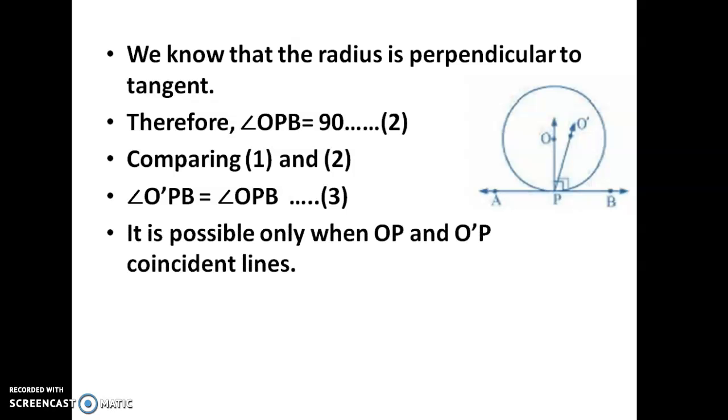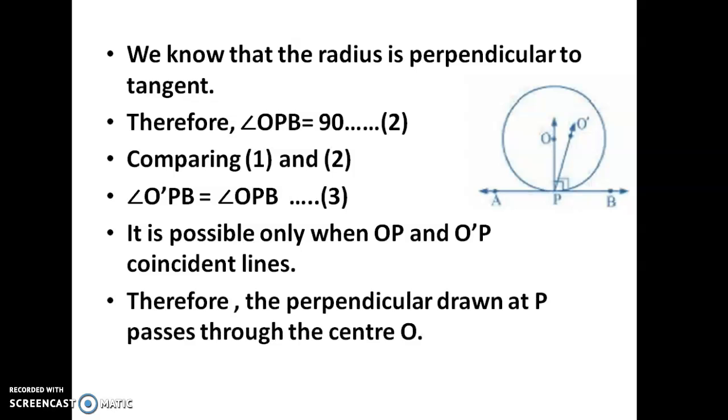It is possible only when OP and O dash P coincide. When the angle can be the same for both lines, only when both lines are the same line can we have the same angle. So it is proved that the perpendicular drawn at P passes through the center.